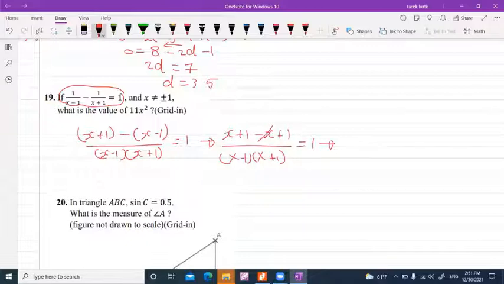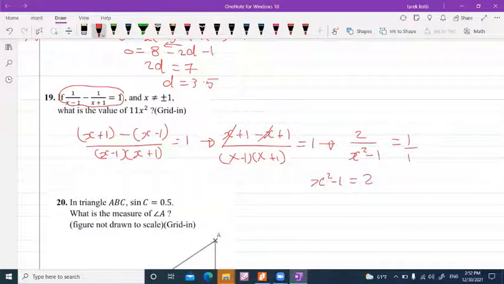The x will cancel the x, and 1 plus 1 equals 2, so 2 over x minus 1 times x plus 1, which can be x squared minus 1. Why? Because this is the difference between two squares. That's all equals 1, which means 1 over 1. If you cross multiply, x squared minus 1 equals 2.